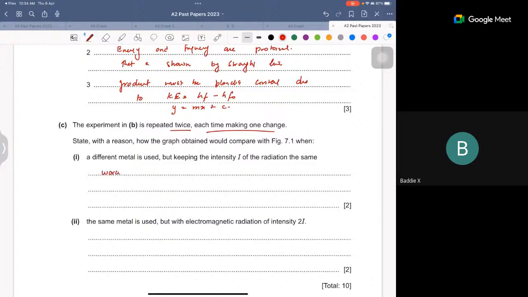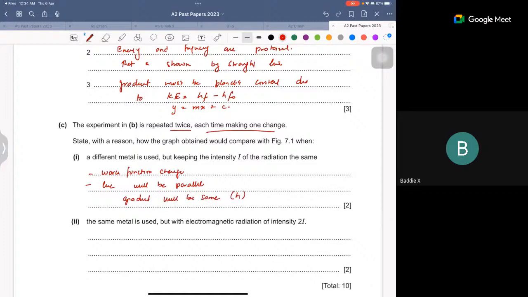Yes, that's correct. Work function changes, but the line will be parallel. The reason the line is parallel is that the gradient will be the same, because gradient represents the Planck constant, and the Planck constant doesn't change.